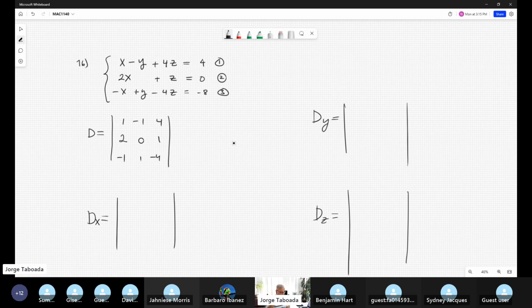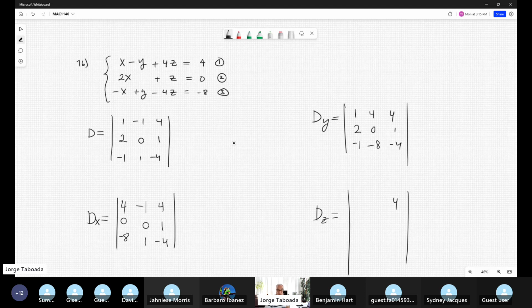Okay, Dx is 4, 0, minus 8, replace in the column of the x, and the rest stay the same. Dy, replace the column of the y, 4, 0, and negative 8. And the other, the 1, 2, negative 1, and 4, 1, negative 4.